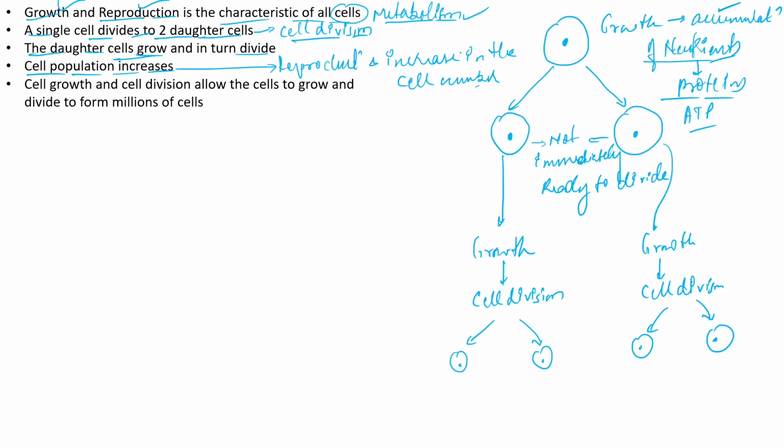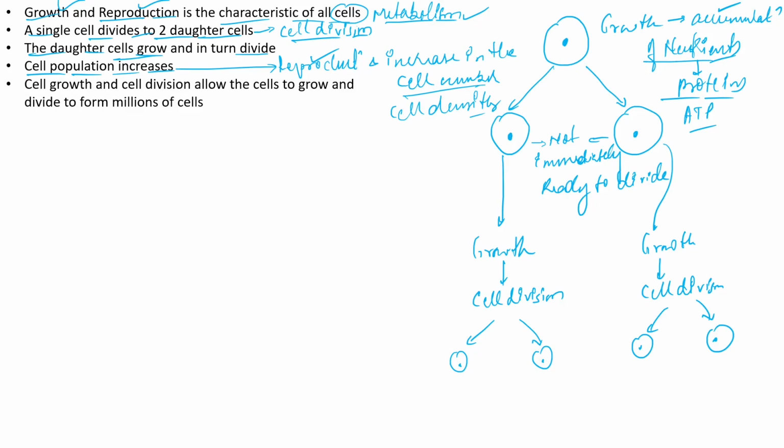Both of these terms, reproduction and increase in the cell number, or cell density, are the same. Density means an increase in the number of cells. So both of these terms are synonymous, or equivalent in nature. There is no difference between reproduction and cell density.